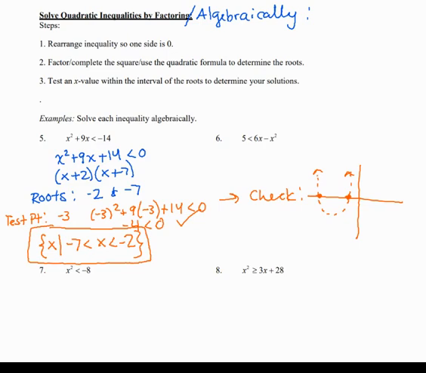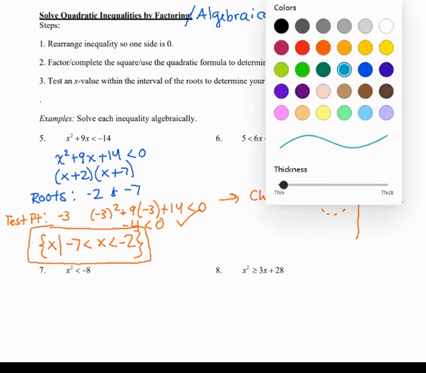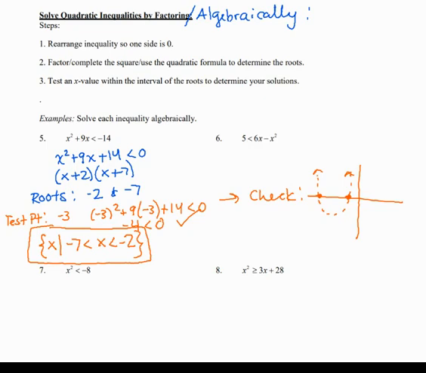I want to know which values are less than 0. Which part of the graph is below the x-axis? It's this part. And look at those highlighted blue values. It's between the two zeros. So again, my answer makes sense. Sometimes I use a combination of graphing and factoring to help solve.